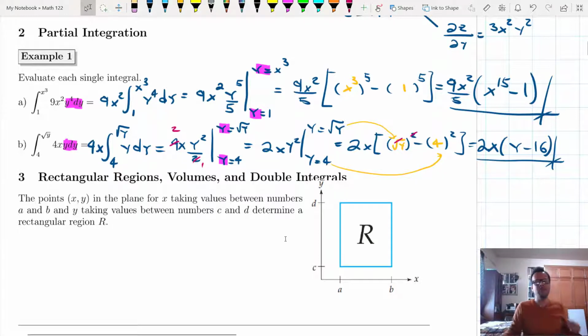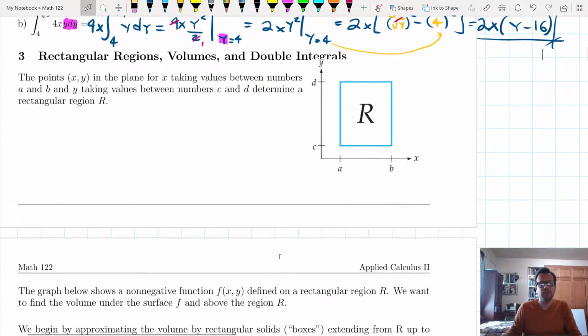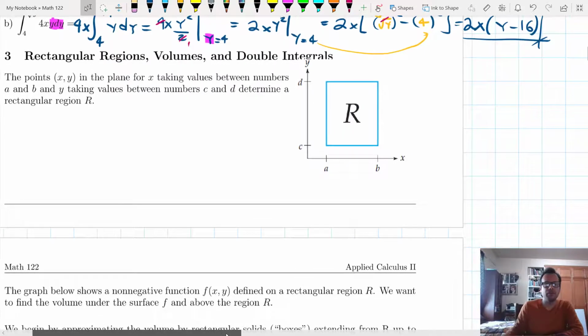But before moving on to double integrals, let's define what they mean and what they do when we evaluate them. But first of all, we need to define regions, rectangular regions, which are the simplest regions that we work with.